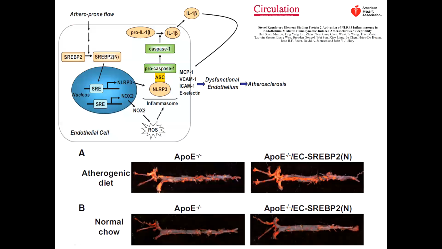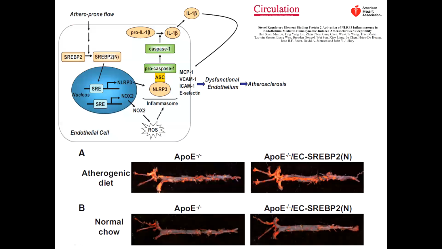Now, on the right side, you can see that we labeled SREBP2 on the top of the second column, groups of aortas. That means that we got rid of that gene in the animal. It's knocked out. Under normal food, if SREBP2 is knocked out, it seems that we have less atherosclerotic lesion.